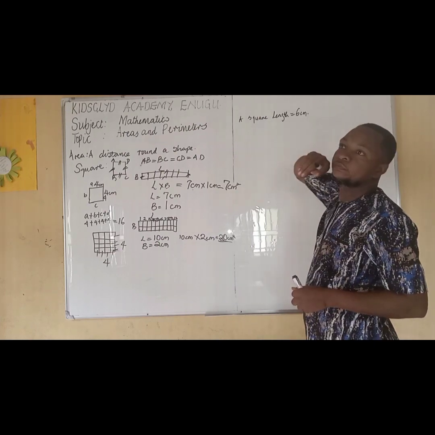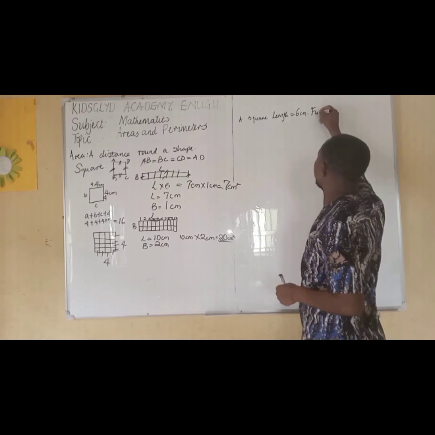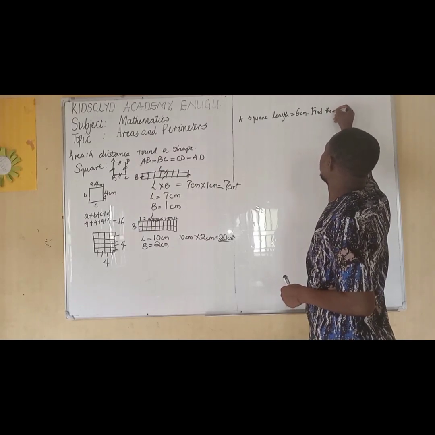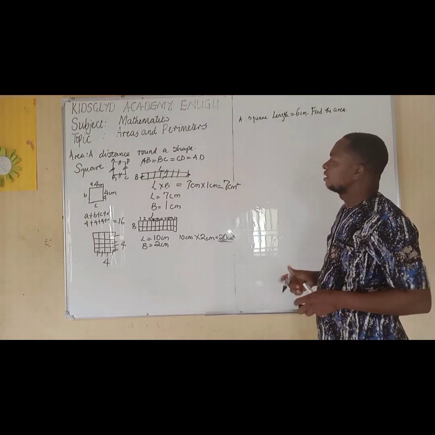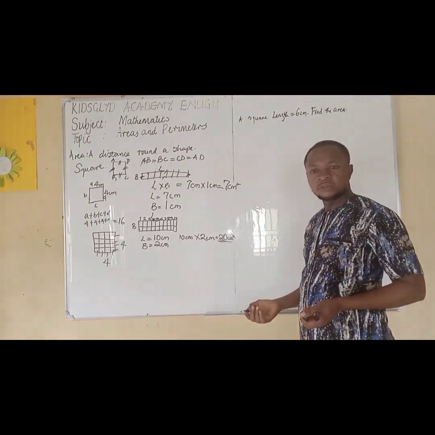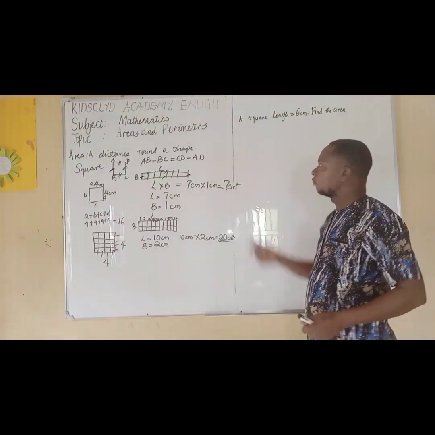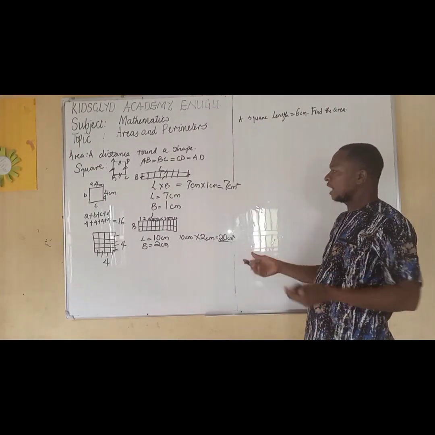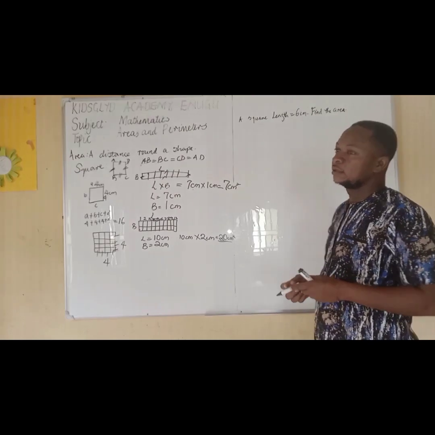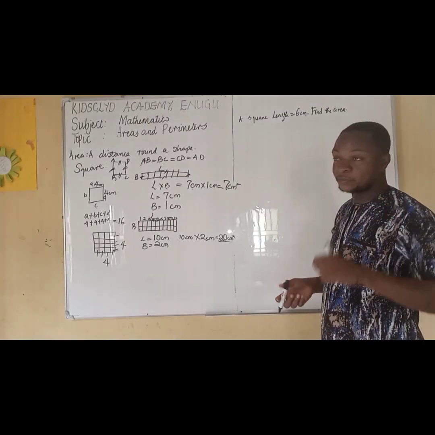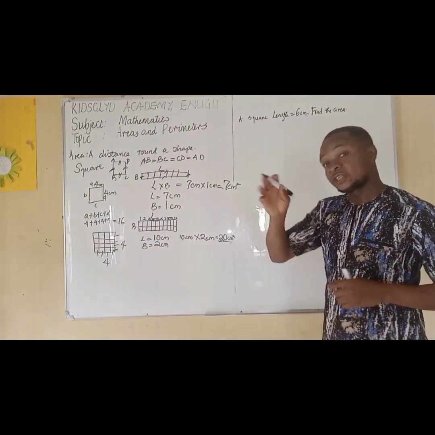Find the area of the shape. So people wonder, how would they give us the value for only one side? What happens? How do we go and do it? We have already discussed that. If they say one side is 10 centimeters, that means all the sides are 10 centimeters each.